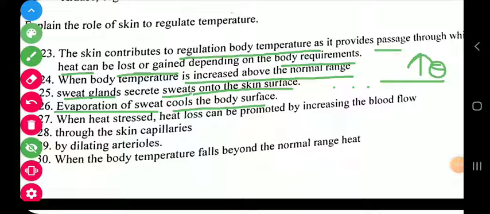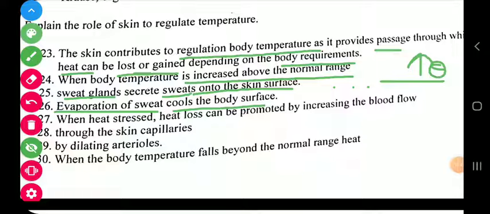You know that you need heat to vaporize, right? Even water, you have to supply heat for it to vaporize. Natural evaporation is there, but we have to supply heat, particularly when you're boiling water. So the evaporation of sweat cools the body surface. It takes the heat and leaves the body surface.